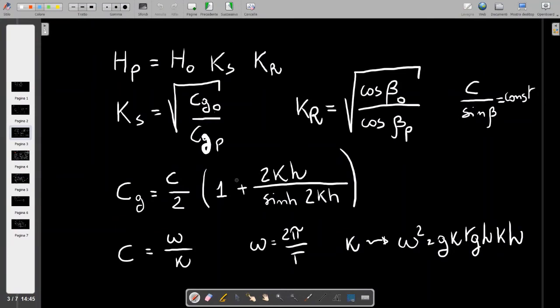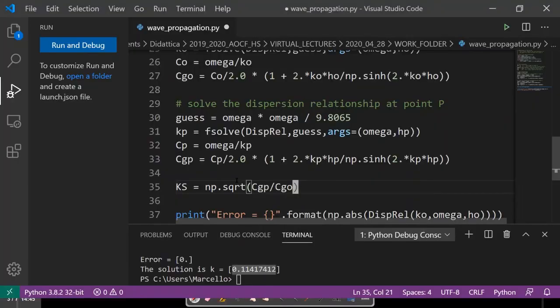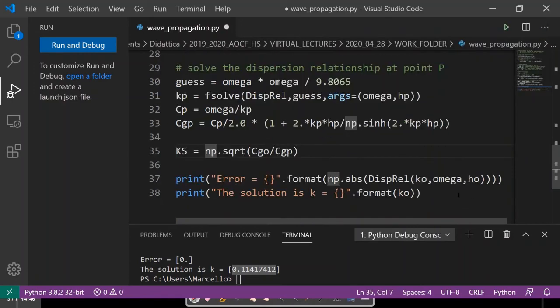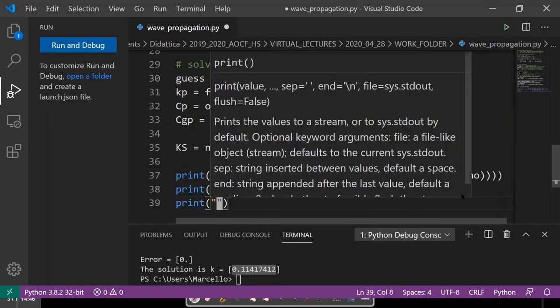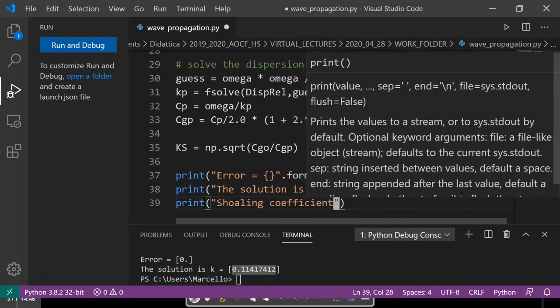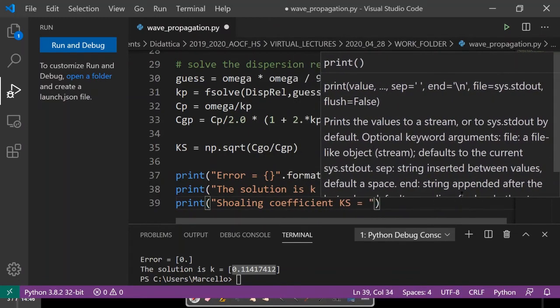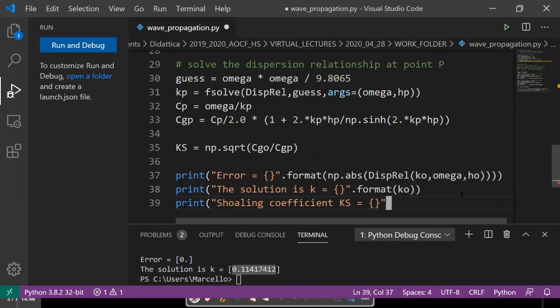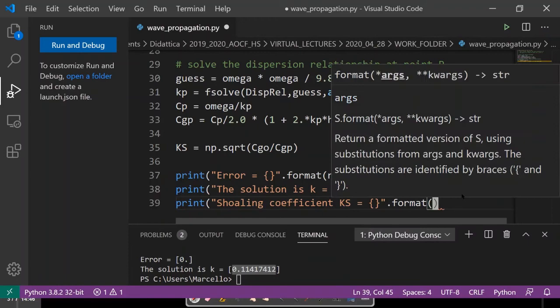Yes, O over P. And here, no, O over P. Okay? Then we can write also here shoaling coefficient Ks equal to, format Ks.